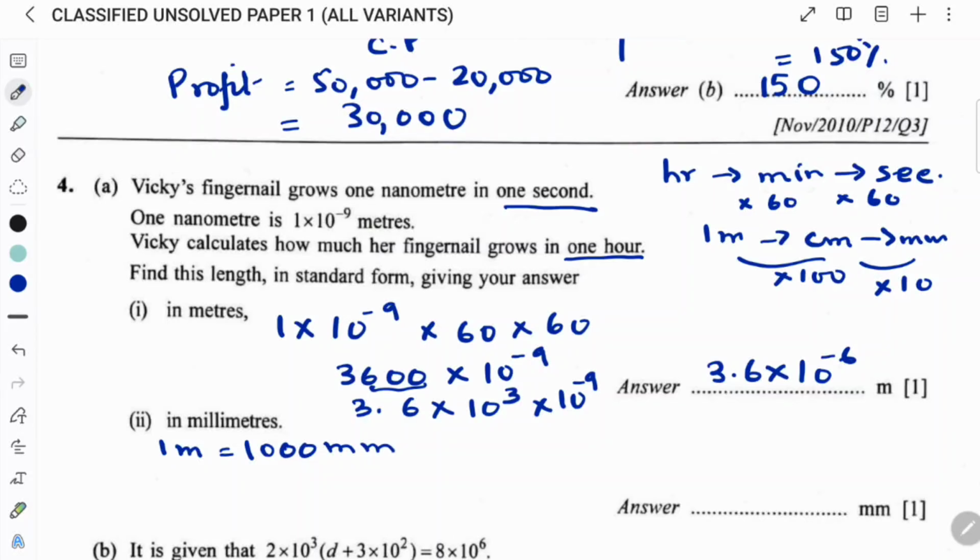Here we did this in meters because the question was already in meters. We just changed it into hours there because they were asking in the above question. Now this 3.6 into 10 to the power minus 6, which was in meters, we are going to multiply by 1000 to get into millimeters. 1000 means 10 power 3.